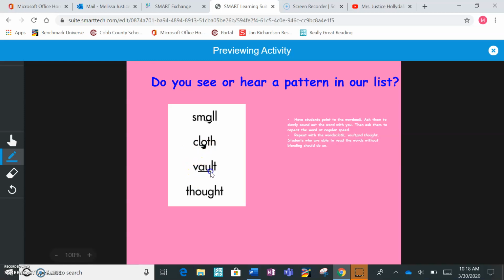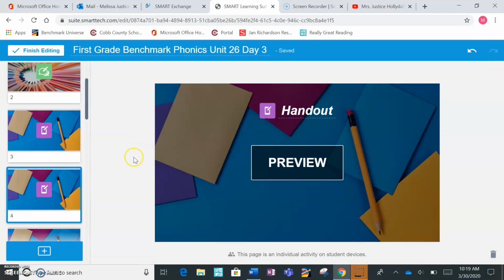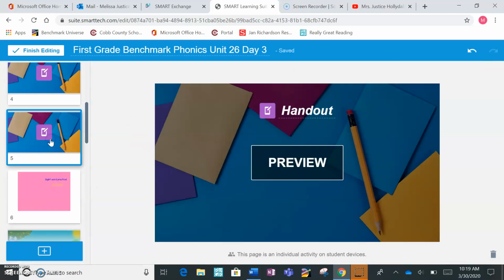Vault. I see an A and a U making that sound here. Here's another one. Thought. There's O and U again. Oops, I said O and U for vault. It was A-U for vault and O-U for thought. And there's another silent G-H there. All right, let's move on.